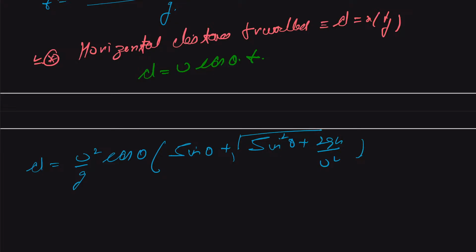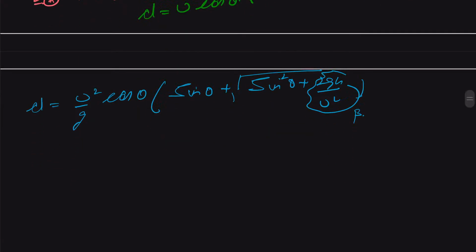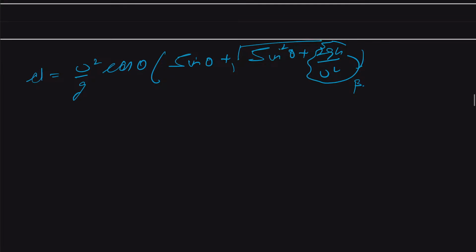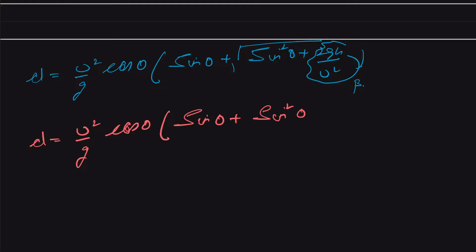For the sake of simplicity, let us assume that this term 2gh upon v square is equal to beta, because this is basically a constant, and we have to differentiate with respect to theta, so it doesn't matter. Therefore, d is equal to v square upon g cos theta times sine theta plus the square root of sine square theta plus beta.